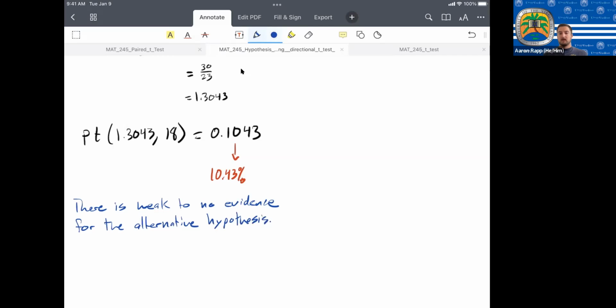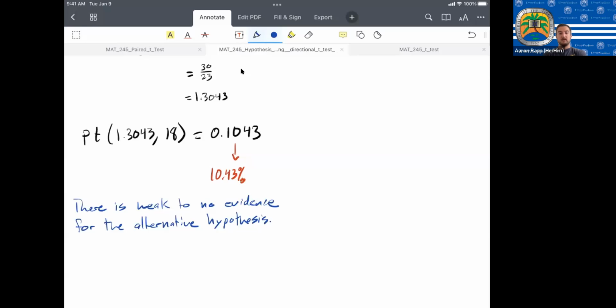Because again, that cutoff of 0.1 is arbitrary, right? It is something that we have concluded over time that usually when we get a p-value of this, there is at least weak evidence. We usually interpret this as weak, but it is a spectrum.